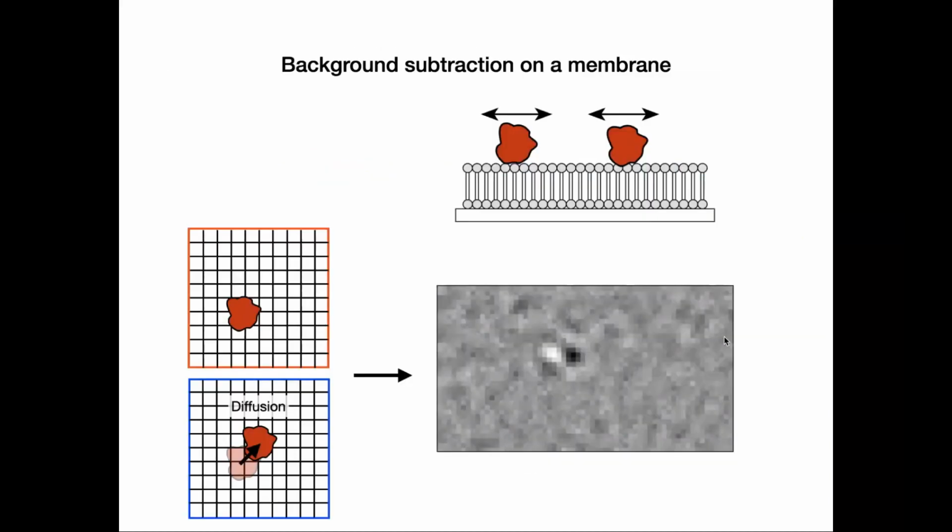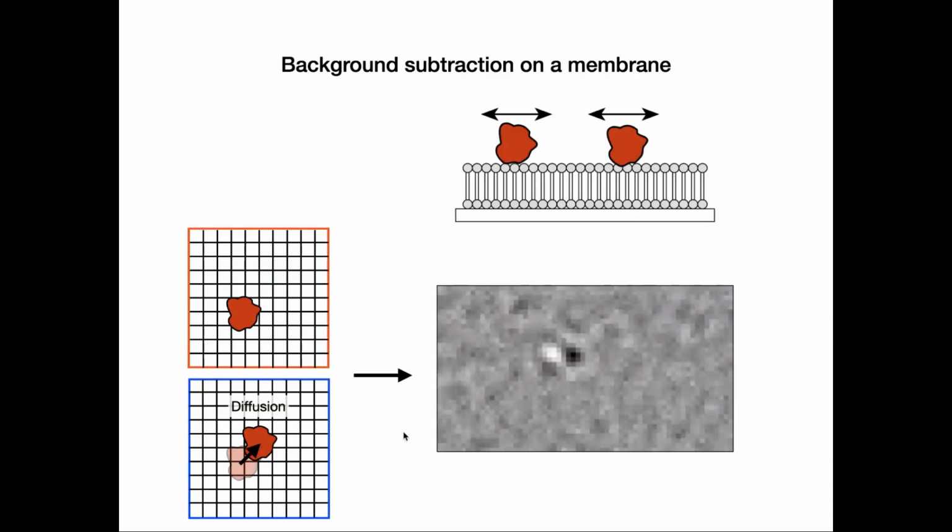Now, if we apply the same strategy to a molecule that moves around on a membrane because of diffusion, then we run into the trouble that if the molecule is at this place in the background frame, and then over time moves to a different position, then in the background subtracted video, you will find a lack of particle density at the previous location and additional density where it has moved afterwards.